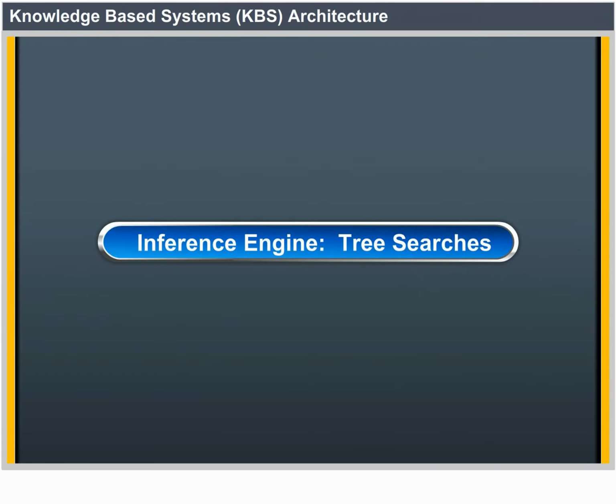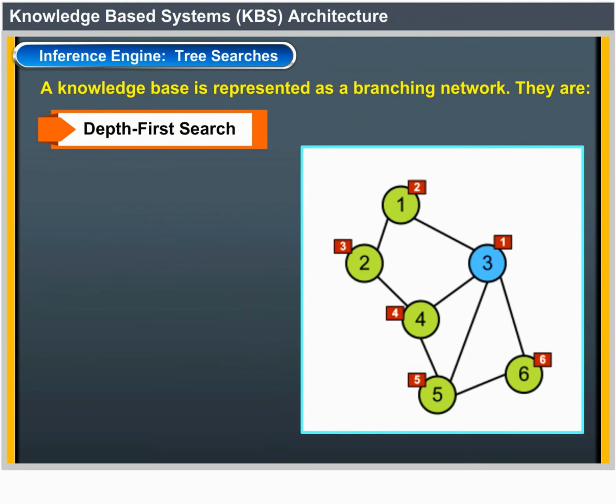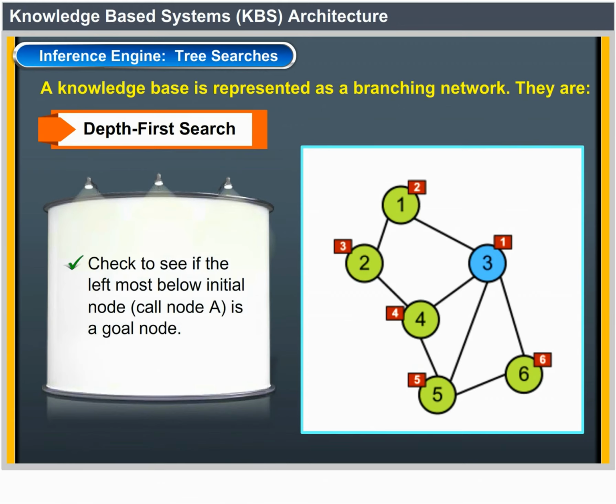Inference Engine: tree searches. A knowledge base is represented as a branching network. They are: depth first search. The algorithm commences at the initial node. Check to see if the leftmost node below the initial node, call it node A, is a goal node.